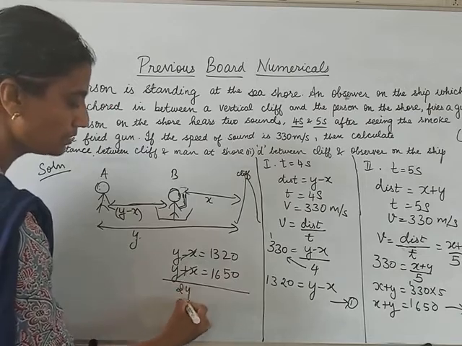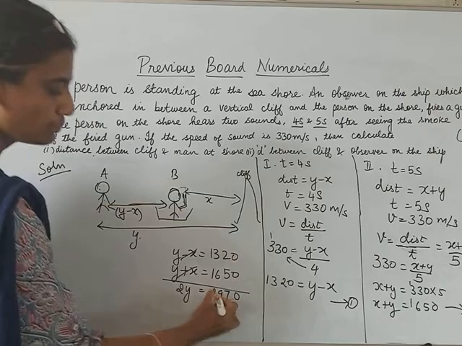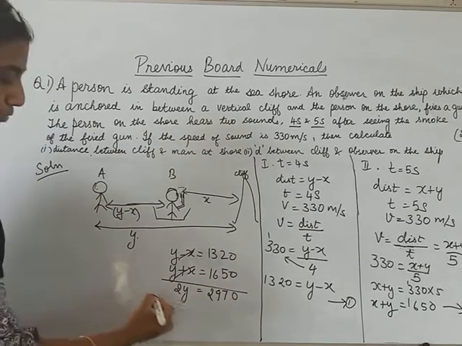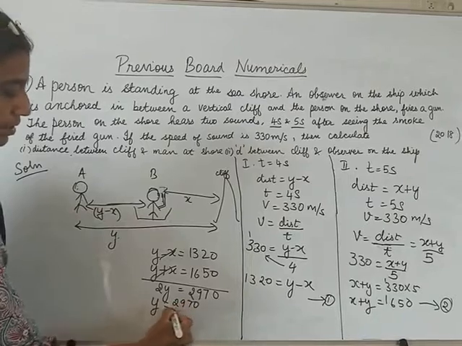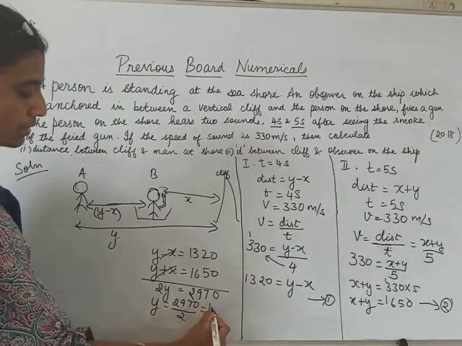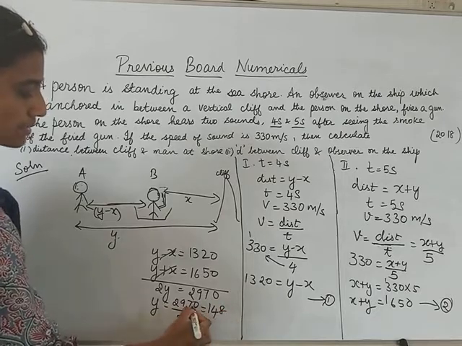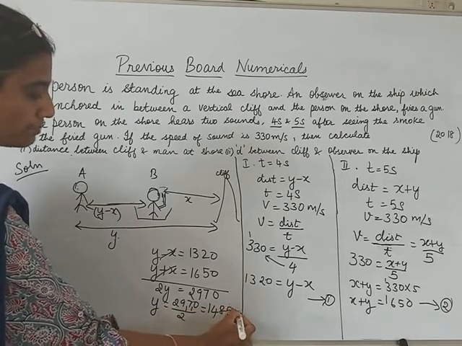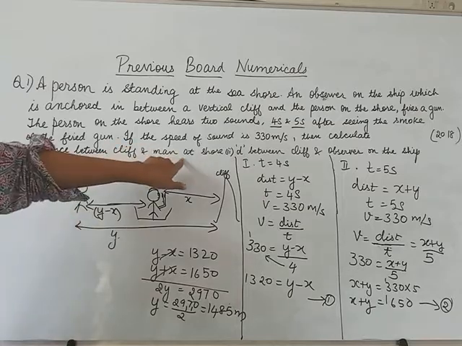So it will be 2y is equal to 2970. Therefore, y will be 2970 upon 2, that is 1485 meter.